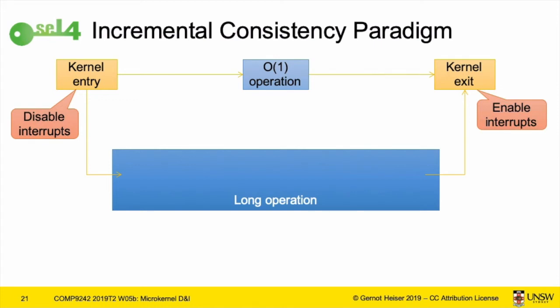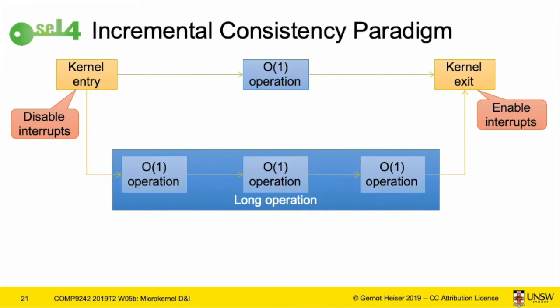If we have a short operation, which I call O(1), so 1 being the order of an IPC, then that's all we do. If there's a long operation, then we structure it as a sequence of short operations, and after each of these short operations we check whether there is an interrupt pending.